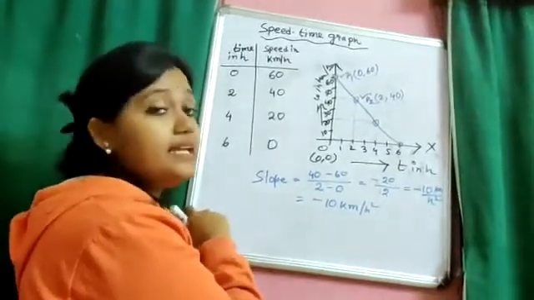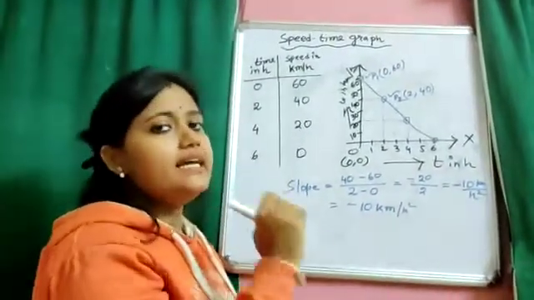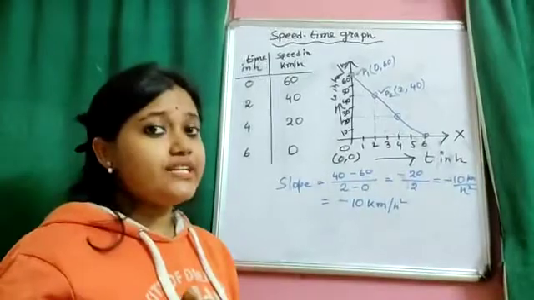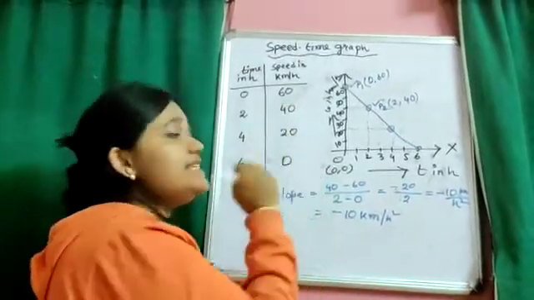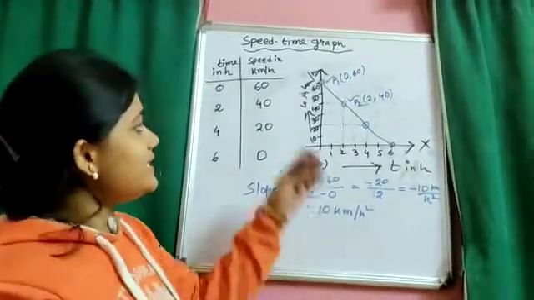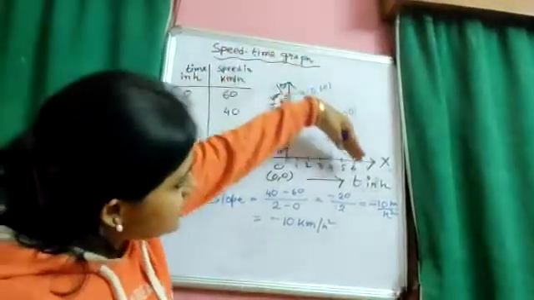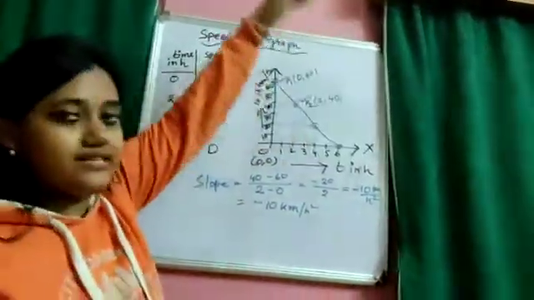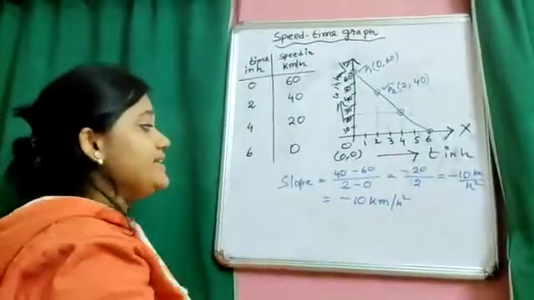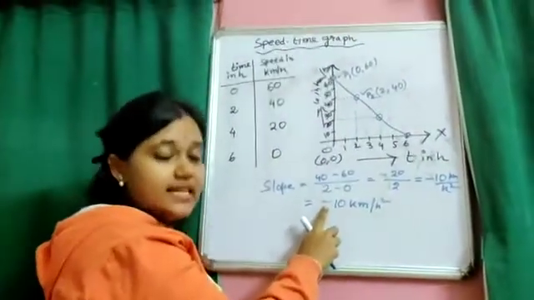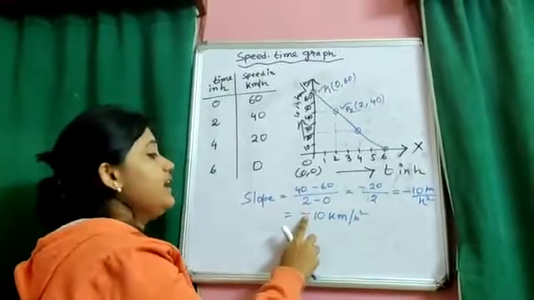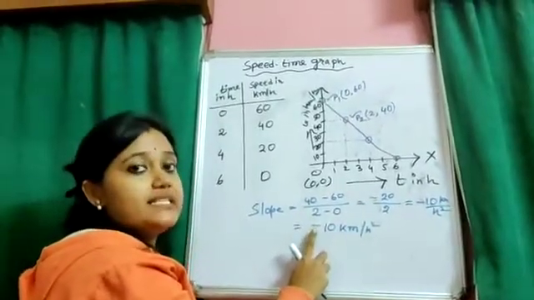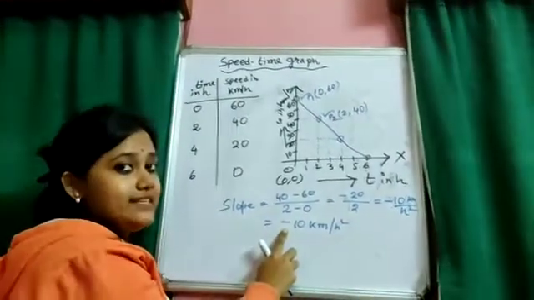Negative sign in acceleration means it is nothing but retardation. That is, the velocity is decreasing. And you can see also that the slope is decreasing. This is called a decreasing slope, and it is indicating that the acceleration is negative or it is retardation.